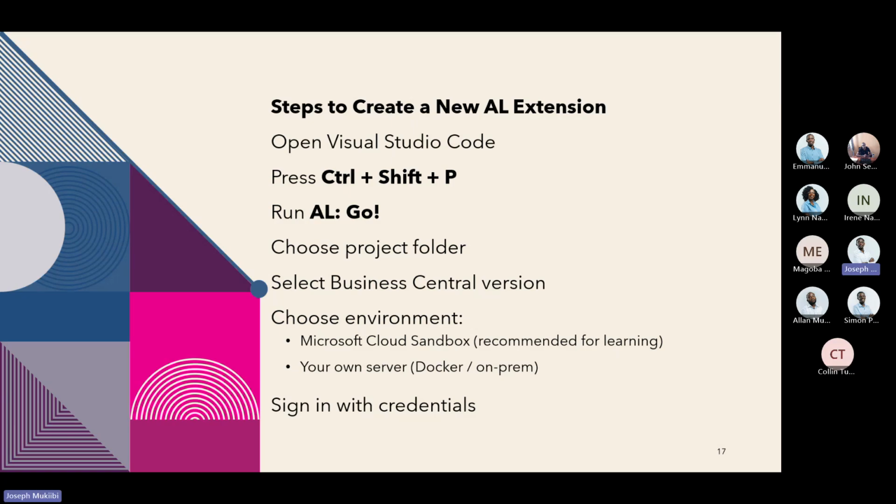Choose the environment, whether it's going to be cloud or on-prem. In the documentation, they talk about things like Docker, but we haven't used them. You can select on-prem or cloud, and then the sign-in credentials.